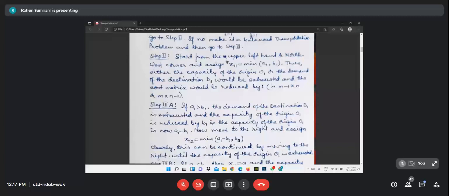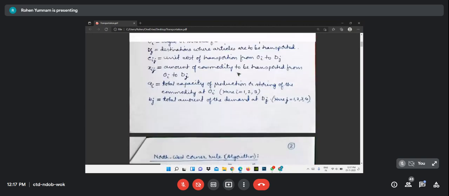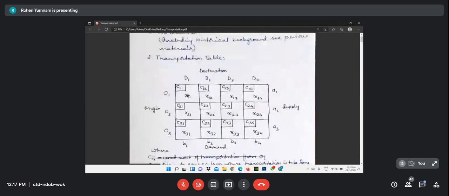Step 2, start from the upper left hand. Upper means top, so top left, upper left, the northwest corner, and assign X11 equal to the minimum of A1 and B1. Here this value should be the minimum of this A1 and this B1.